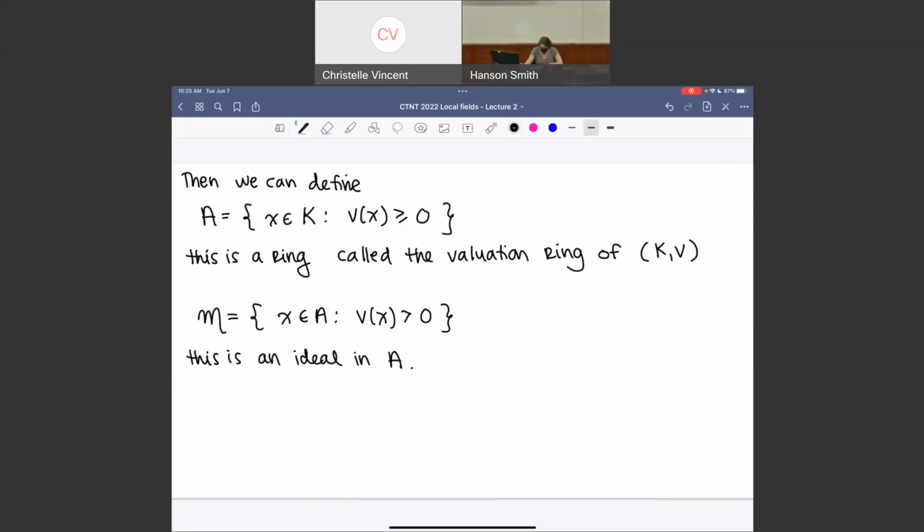And then, we discussed in that setting last time, but the same arguments work.